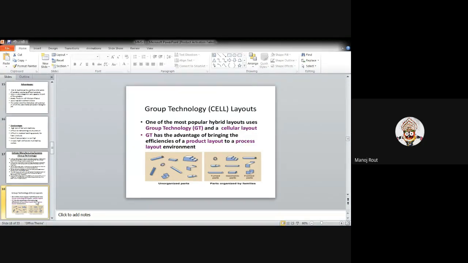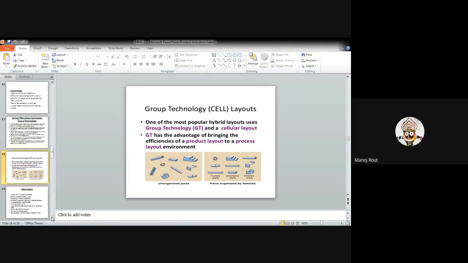Whenever you put parts in a particular organization or make a particular family, as in the second figure, turning parts should be placed in a single line, geometric or similar parts should be arranged in a single line, and form parts should be arranged in a single line. So this is the concept behind group technology.